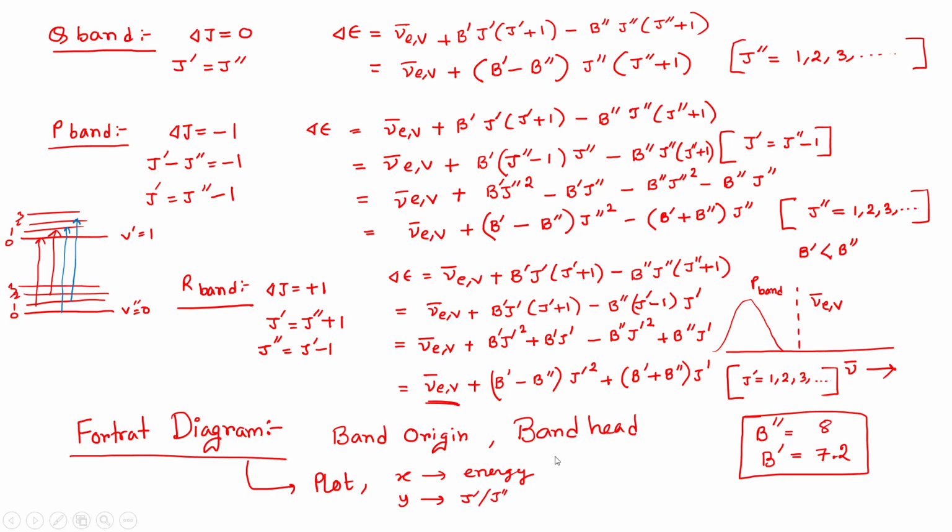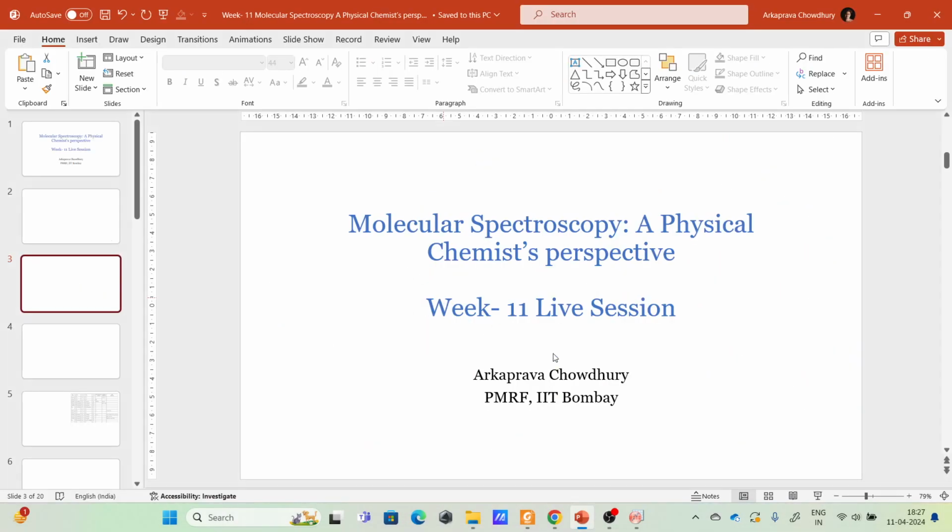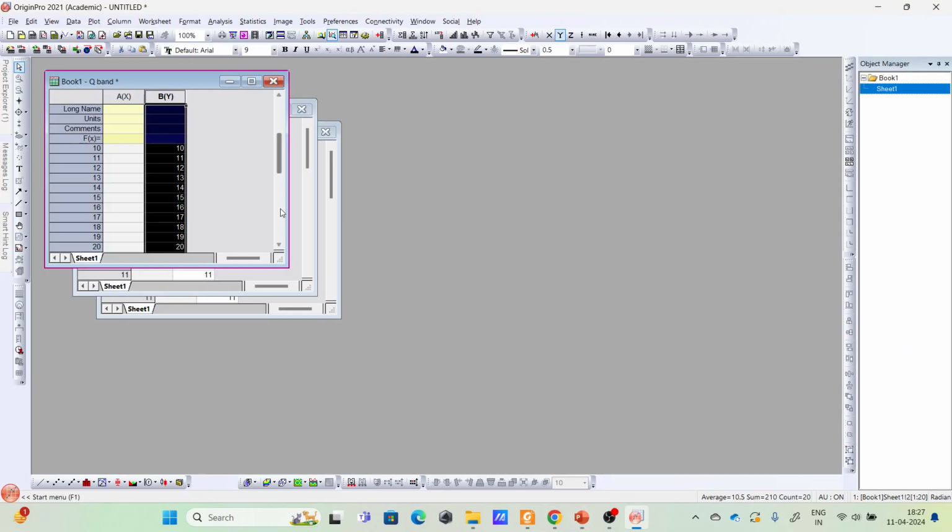In all the cases we are taking J dash equal to 1, 2, 3, so it will not be a problem here. Let me draw once, and from there we will try to get some idea.